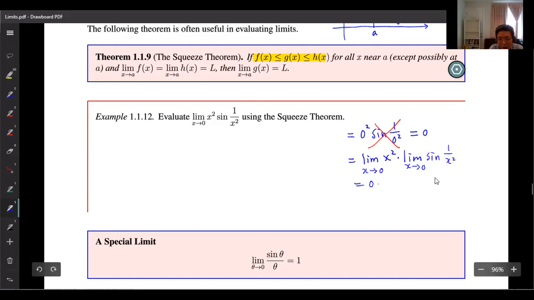What happened to this one? If you're not sure, you can use the calculator and see what happens. Anybody can tell what's happened to this limit? Anybody can guess? How about I pick another student. How about Gabriel? Gabriel, what do you think this limit is?